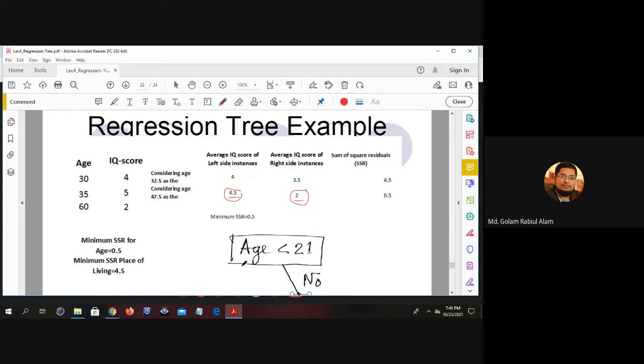Okay, so if you consider 47.5 as the separator, then on the left side, how many instances are there? 2 instances. And on the right side, just 1 instance.